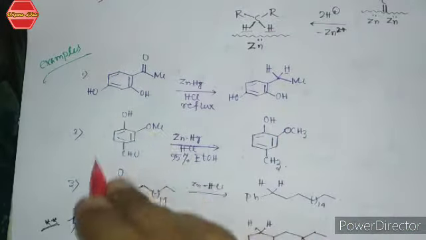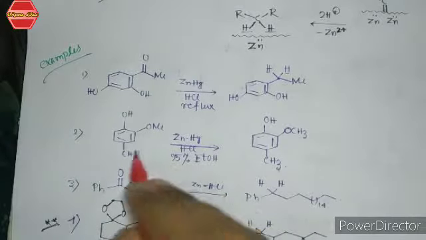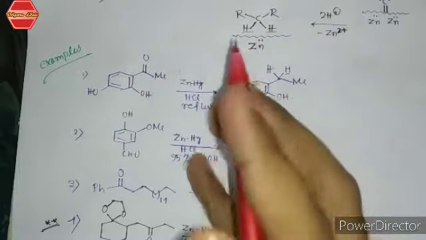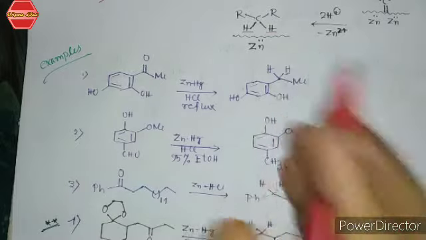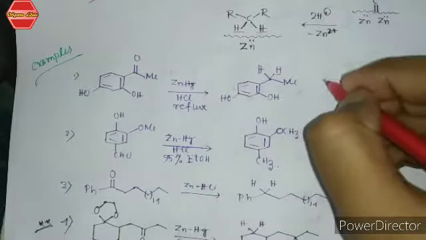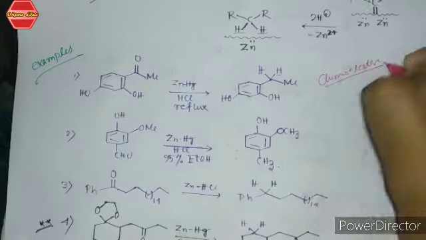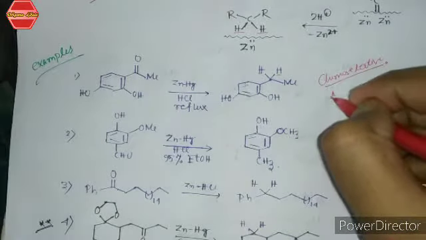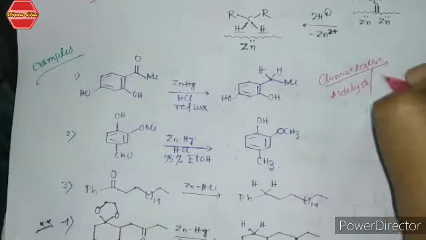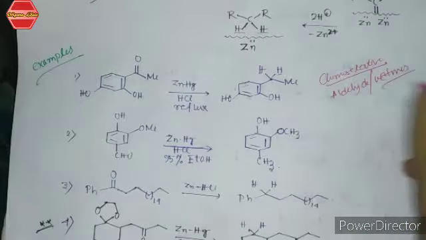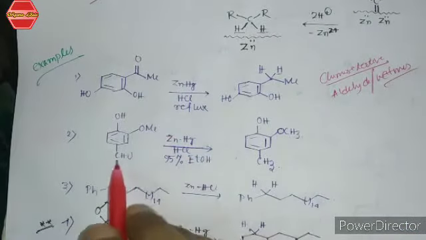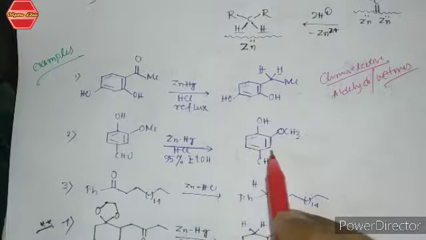Now if you take a compound like this, here is your aldehyde. So this aldehyde is also reduced, and the ketones are also reduced. So this is a very chemoselective reagent, that is, it selectively reduces only the aldehydes or ketones. So this aldehyde will reduce to this CH2 unit.